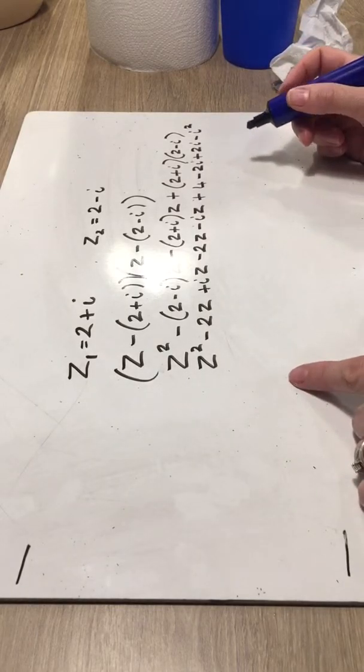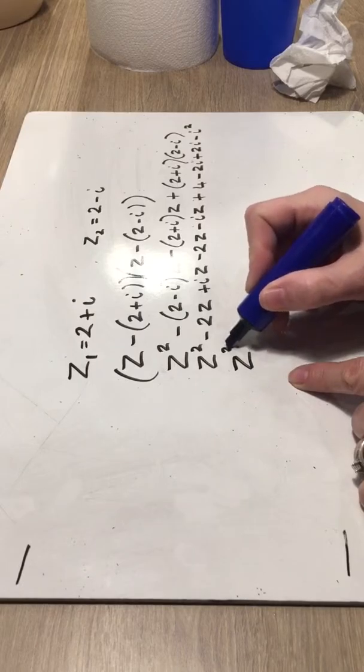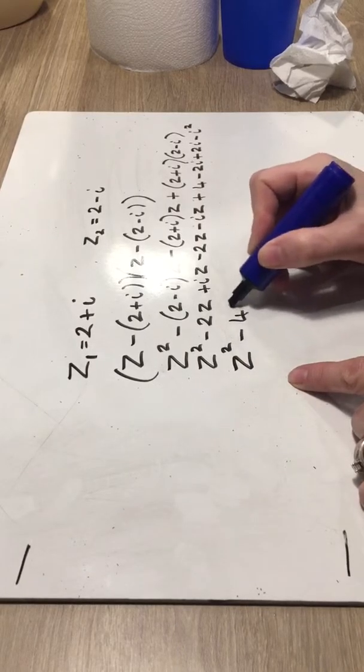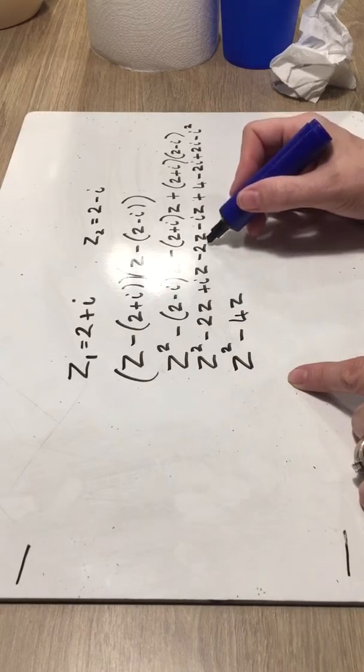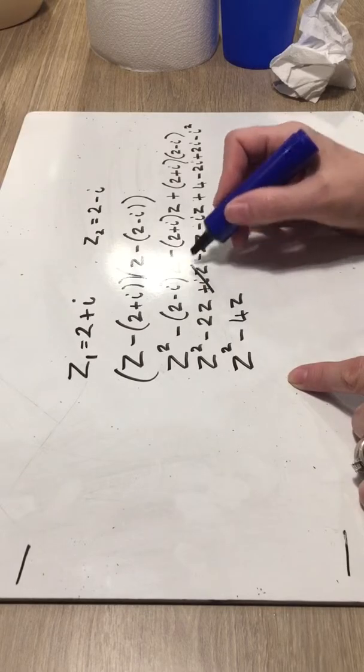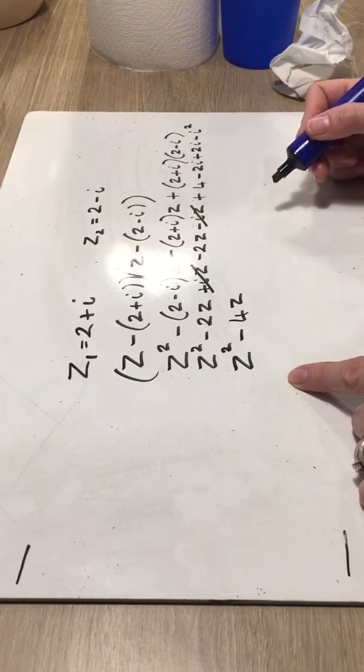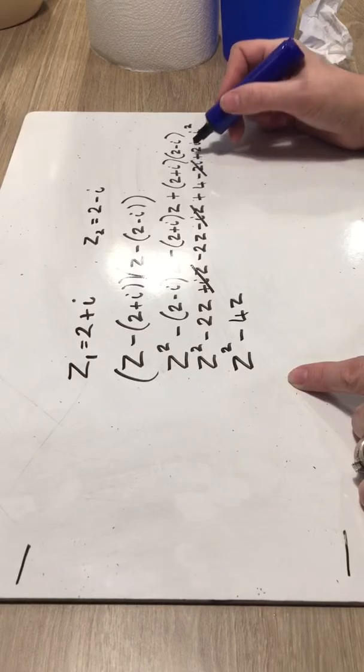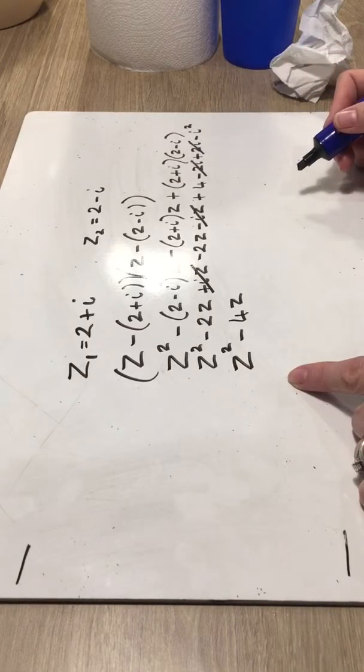So we can tidy that up further. We've got z squared, minus 4z, because you've got minus 2z twice, and a plus iz and a minus iz cancel out. You've got a minus 2i and a plus 2i that cancel out.